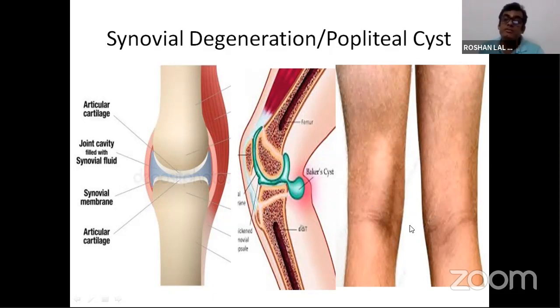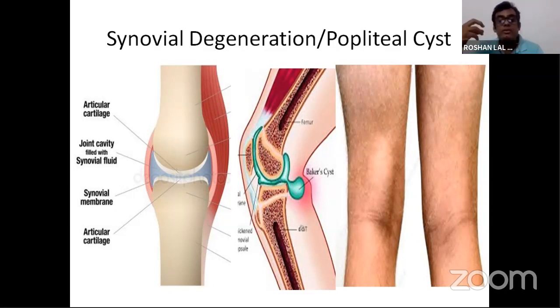How is this popliteal cyst formed? In osteoarthritis, there is formation of osteophytes. These osteophytes may project into the synovium. So there is pressure on the synovium, and the synovium goes under the process of degeneration. So there is degeneration in the synovium.